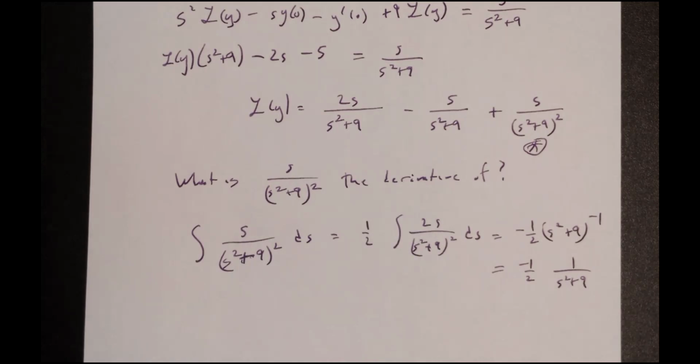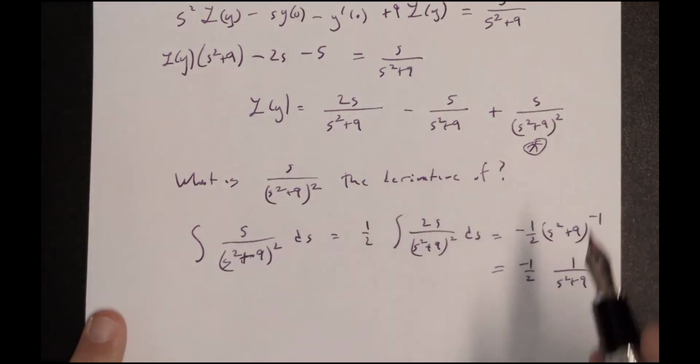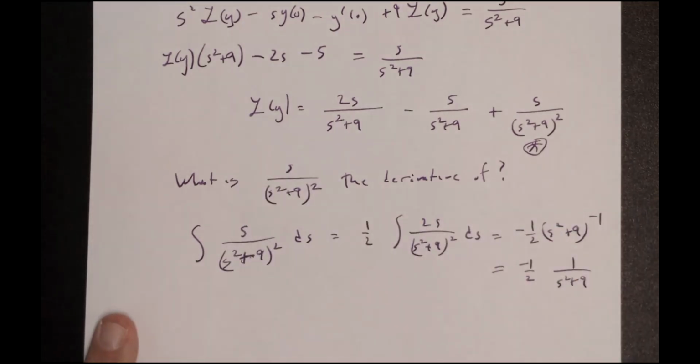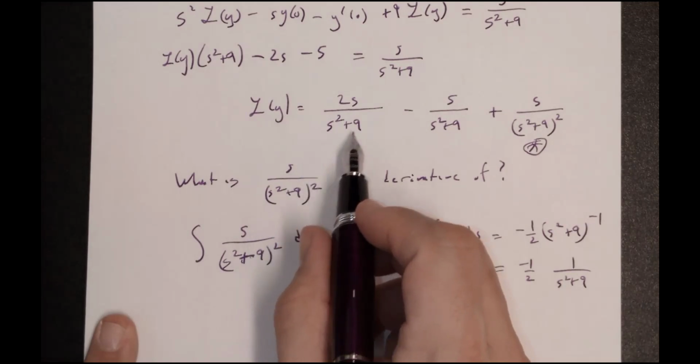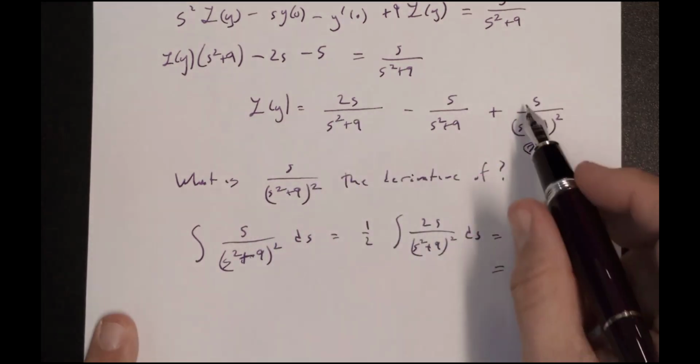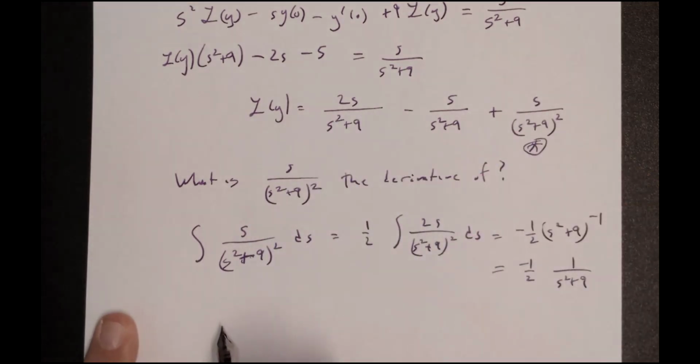Okay. The Laplace transform of y can now be thought of as taking the inverse transform of all three of these. Hang on a second. What's the inverse transform of s over s squared plus 9?